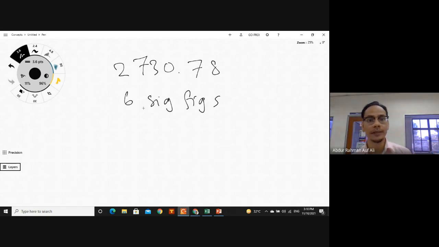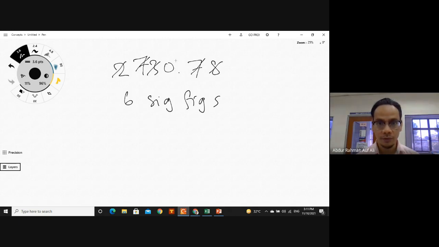So how do we know it's 6? Tengok, rule number 1 kata all non-zero digits adalah significant. So how many non-zero digits here? Kita ada 1. This is non-zero, so significant. Ini pun significant. Ini pun significant. Ini pun significant. Ini pun significant. So we have 5 significant figures.